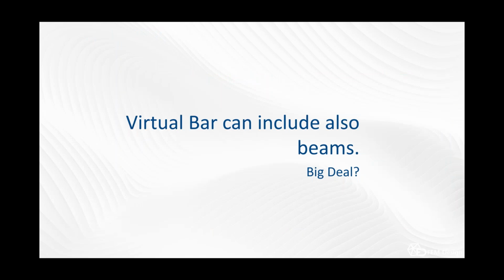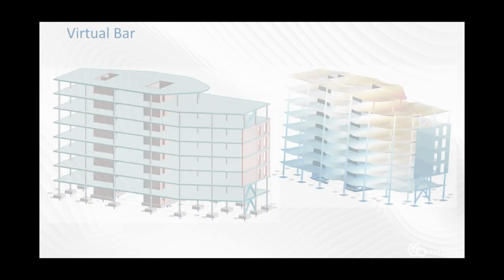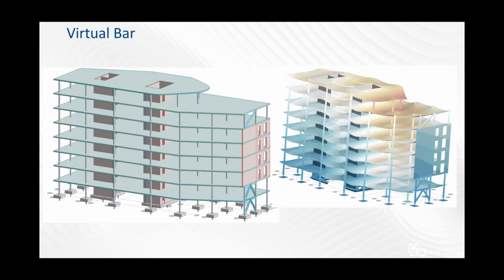And virtual bar. Now, virtual bar is actually really, really essential. And now it can include beams. And by doing that, it gives us quite a bit of flexibility in many regards, as you will see in the upcoming slides, as it can be used as a verification tool.